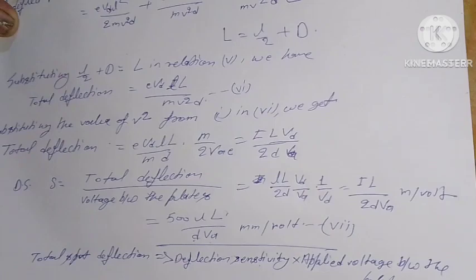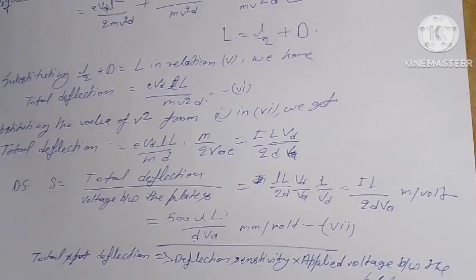This process is known as post acceleration and is brought about by using an extra electrode called the intensifier anode.